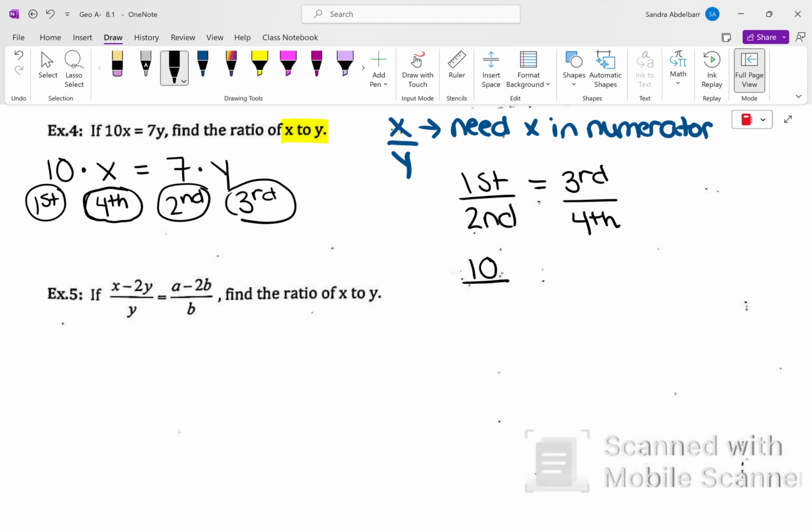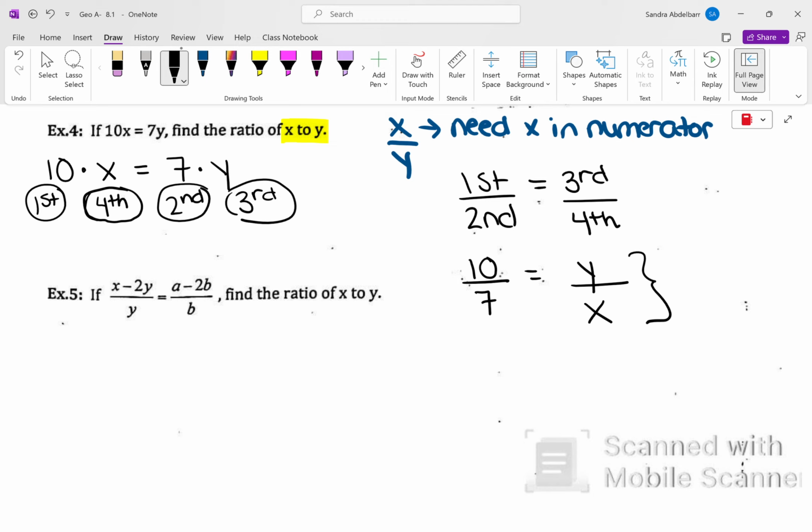So now my first is 10, so that goes in my numerator. My second is not x. What's my second? 7 equals the third term, which is what? Y, over the fourth term, which is x. I don't want y to x.